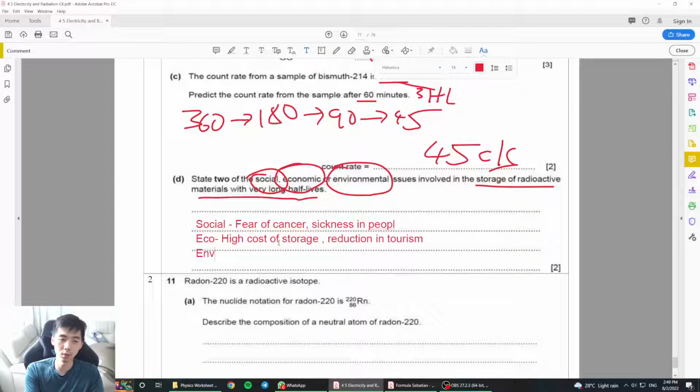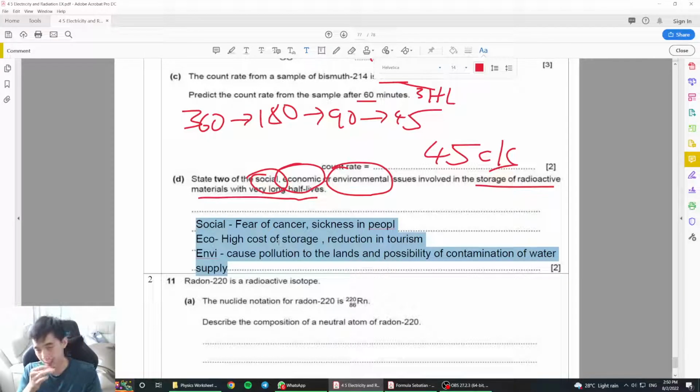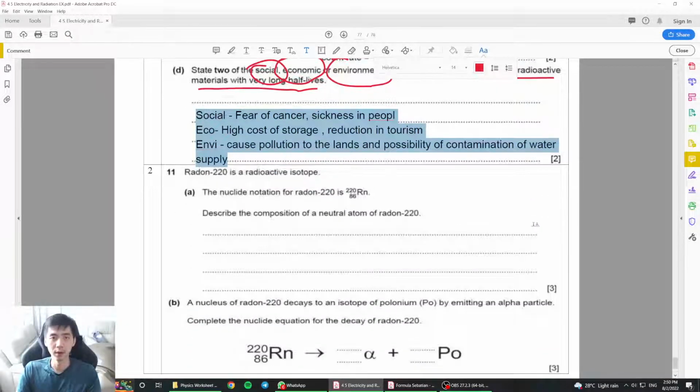And environmental wise, it is obviously going to cause pollution to the lands and the possibility of contamination of water supply. Anything along the lines. You can just pick either two and you'll get your free 2 marks.